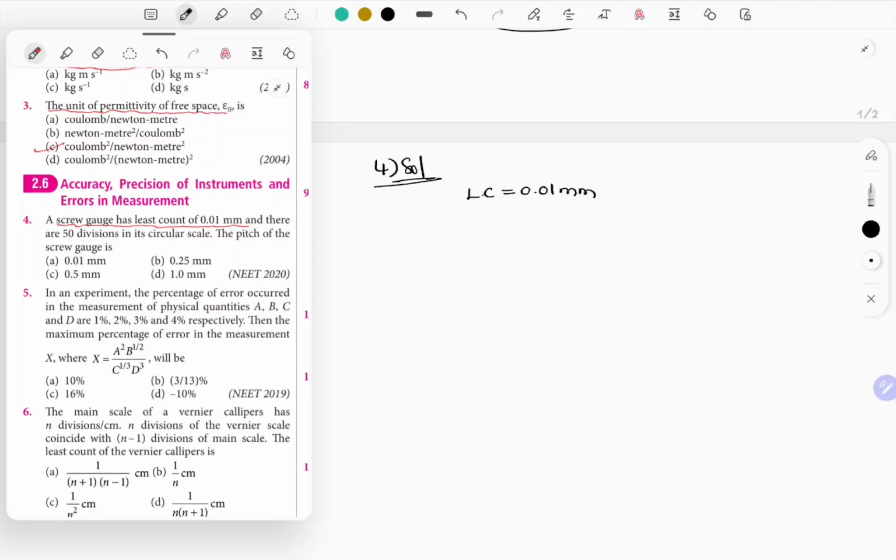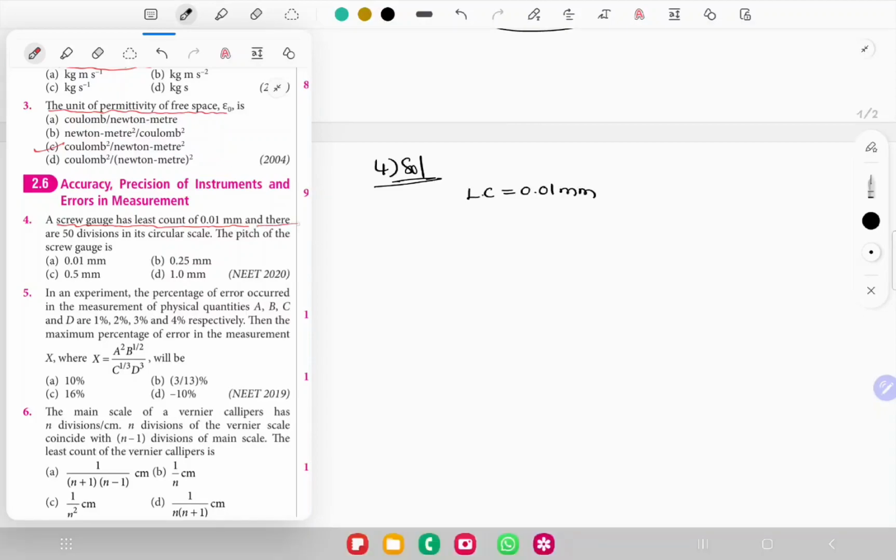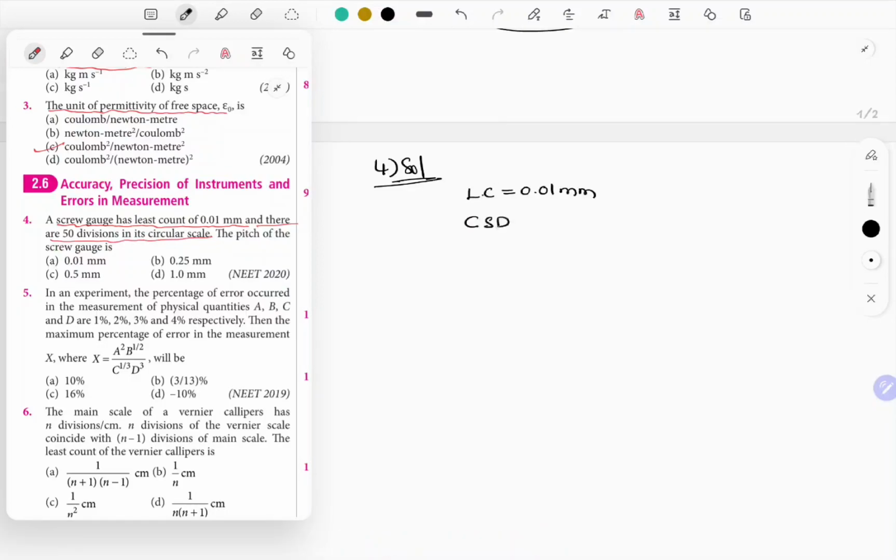And there are 50 divisions in its circular scale. They have already given the circular scale divisions also. Circular scale divisions equal 50 divisions.